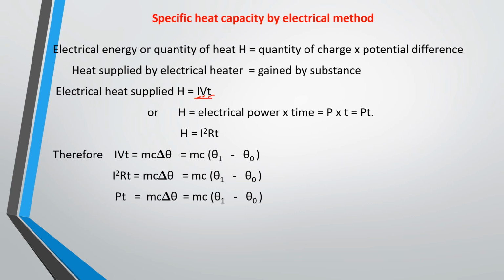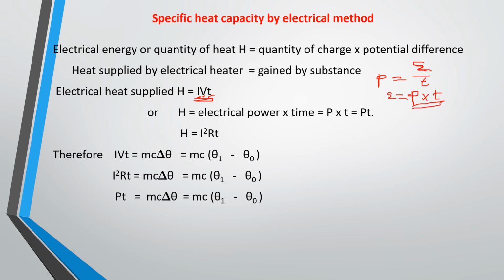Okay, so this is the quantity of heat from electricity, and then we know that power is equal to energy over time, which means that energy is equal to power times time. I hope this is clear.